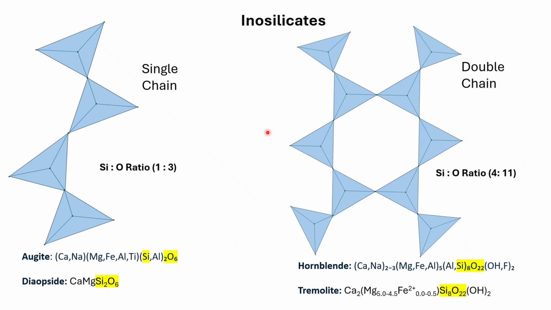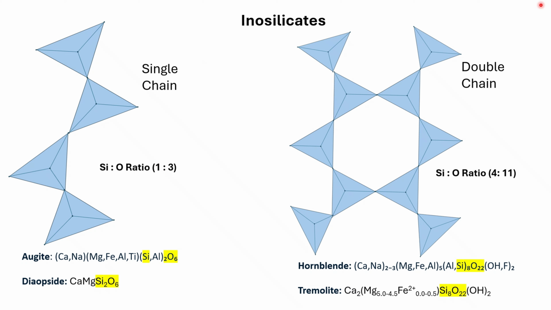These are a little more complex now, so you can't really count the structure within the group. But basically, this group, the inosilicates, is divided into two. There are the single chain inosilicates, and these have 1 to 3 in their tetrahedra.